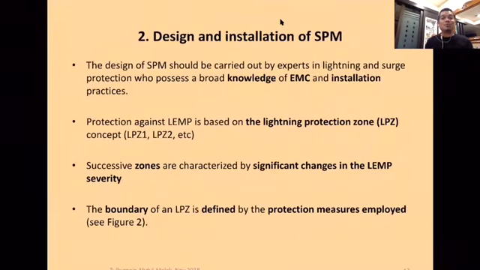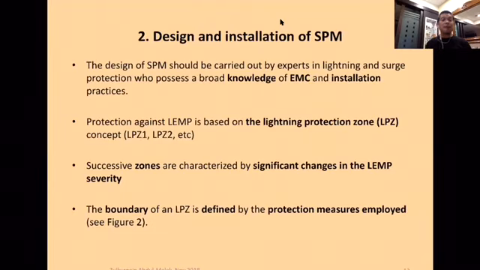But you can also go to zone 2, zone 3, and so on by putting shielding or by putting SPDs at the entrance of your rooms or inside the structure to define the zones. Okay? I hope you do this. So when you have a zone, that means you define the boundary, and at the boundaries, you put shielding throughout, and you also put surge protective devices at the boundaries.